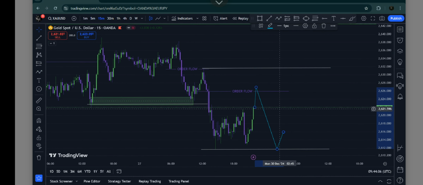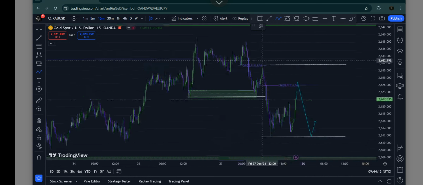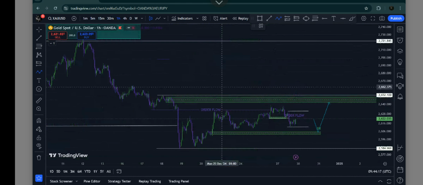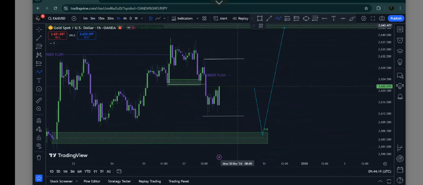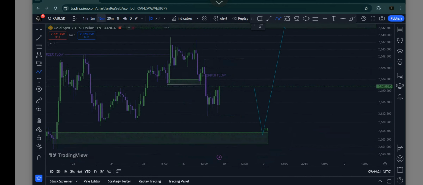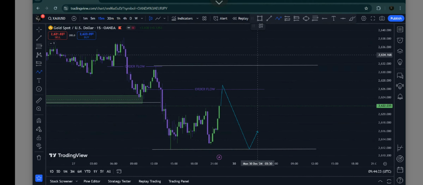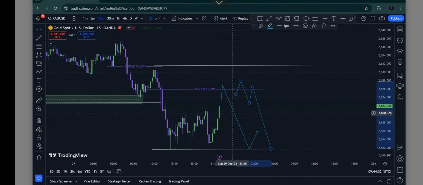My idea is if price breaks above here, we leave gold. We don't focus on any price action. We'd wait for gold to reach the extreme 1 hour demand area, so this one up here, right? But if I do get a confirmation here, I could look to take price towards this swing low by the lower time frames because 15-minute is currently bearish.